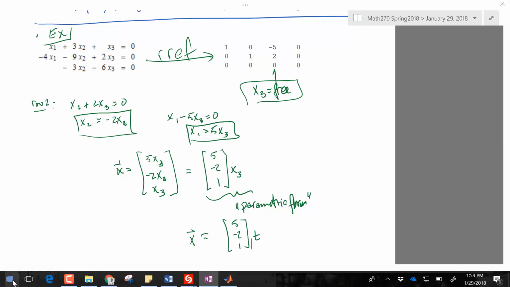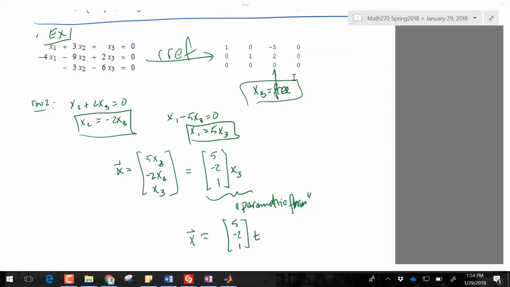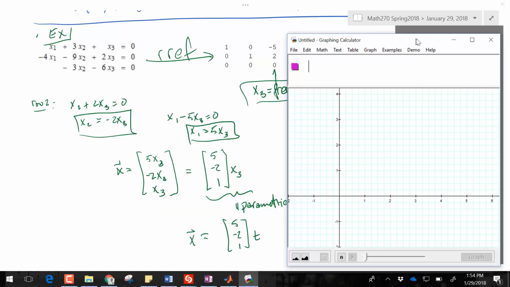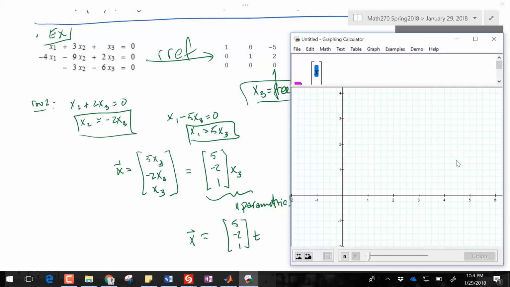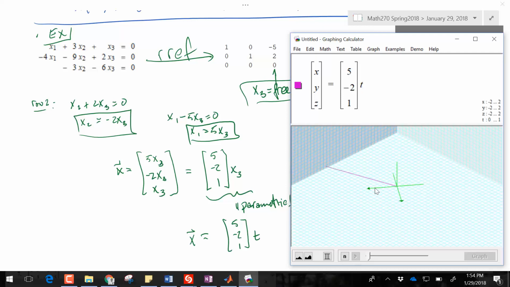And just for fun, we can see how this looks as a function of t. If you've studied parametric equations, this is a parametric function in 3 variables. And if you were to look at it, it's this line.